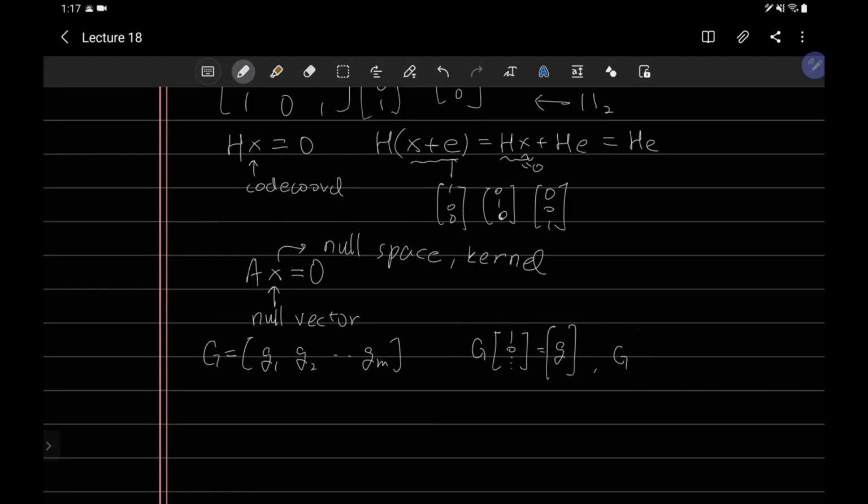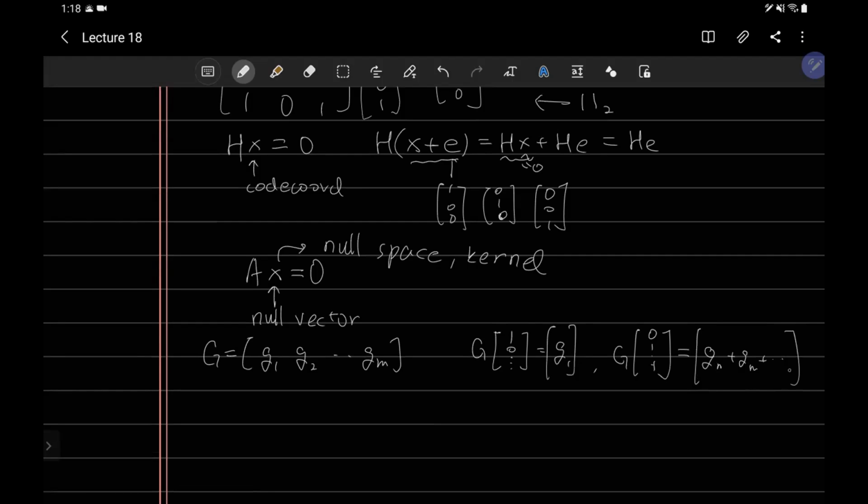And if I multiply the generator on some arbitrary message, like 0, 1, whatever, then this will be the combination of some column with another column and another column and so forth.